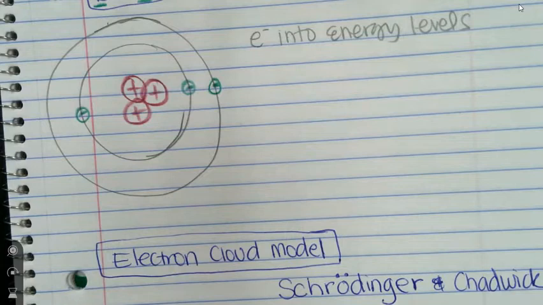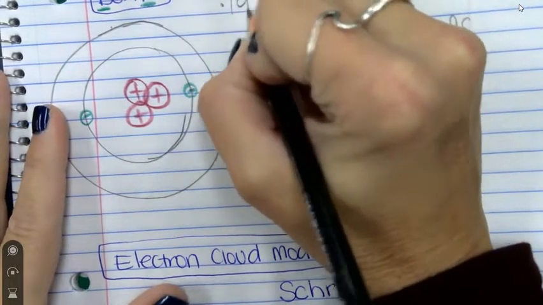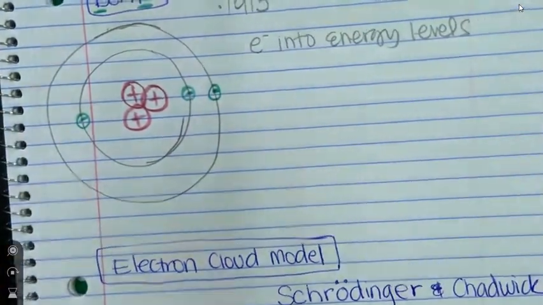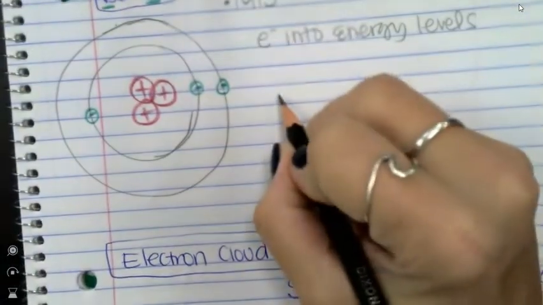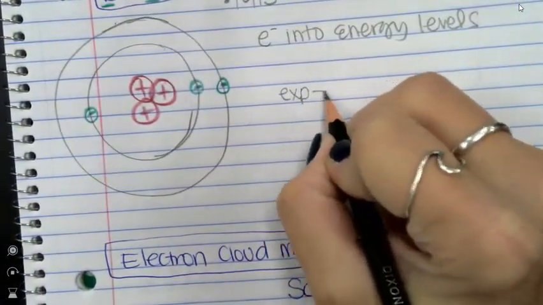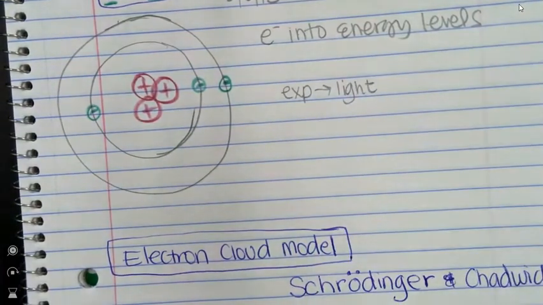His was right before World War I. 1913. He used light in his experiments. The light that things produce when they glow, like when you heat up metal and it gets really hot and glows red.